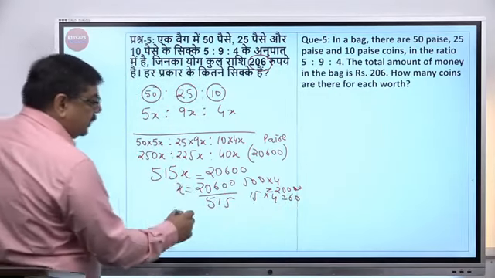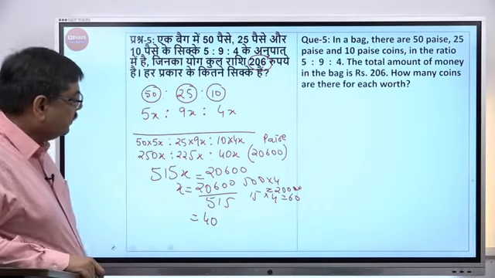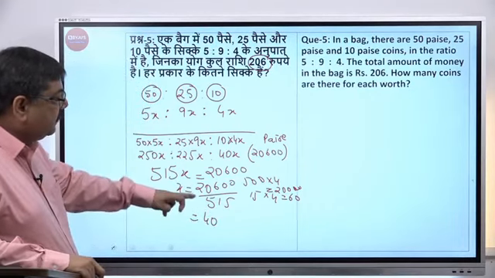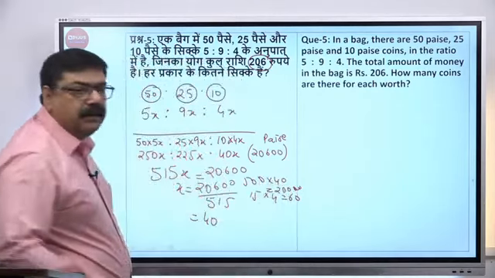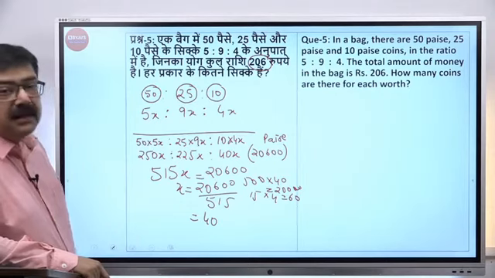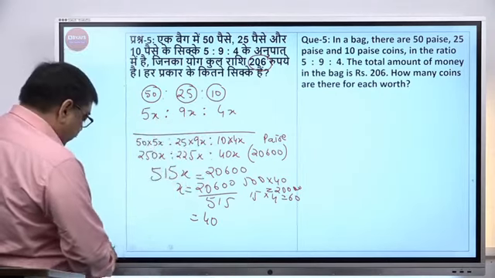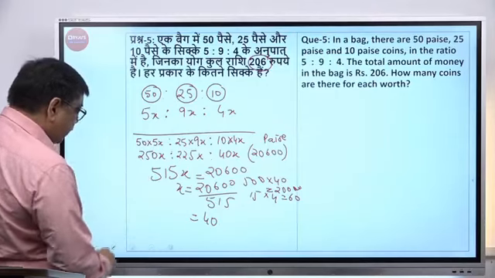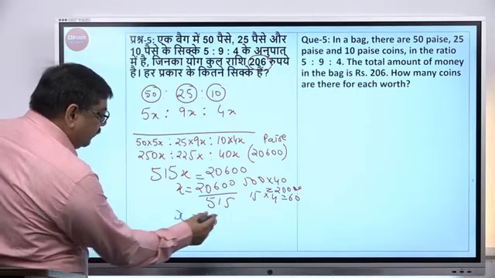So we know that this figure goes by 40, right? So x here is nothing but 40. Now we can find out these values, can't we? These numbers can be found out.